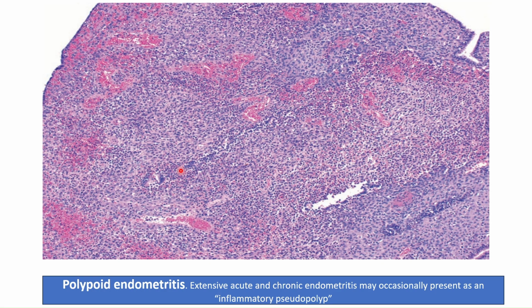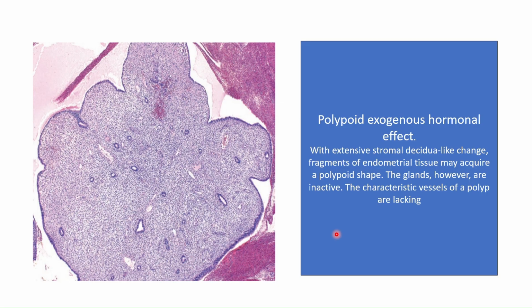Here we can see extensive acute and chronic endometritis, dilated blood vessels and fibrotic stroma infiltrated by chronic inflammatory cell infiltrate, which is nothing but an inflammatory pseudopolyp. So extensive acute and chronic endometritis may occasionally present as an inflammatory pseudopolyp.